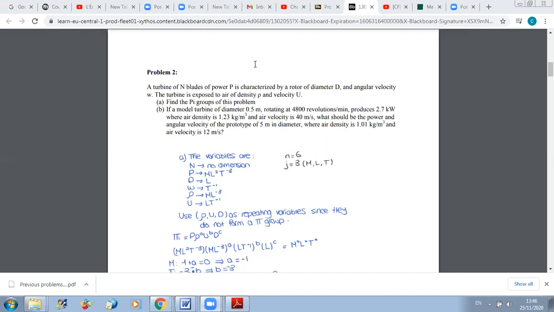So for example, if we take rho, u, and d, why can I be sure that they cannot form a group? Because rho is the only one containing m and U is the only one containing T. So now I am sure that rho, U, and D will not form a group.